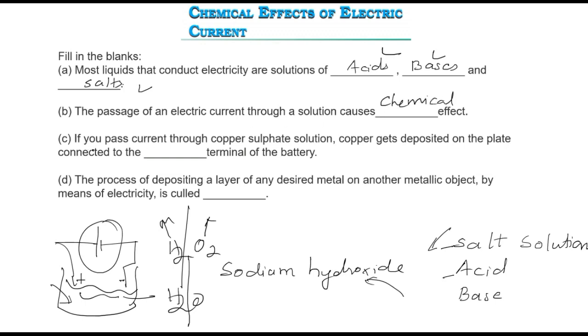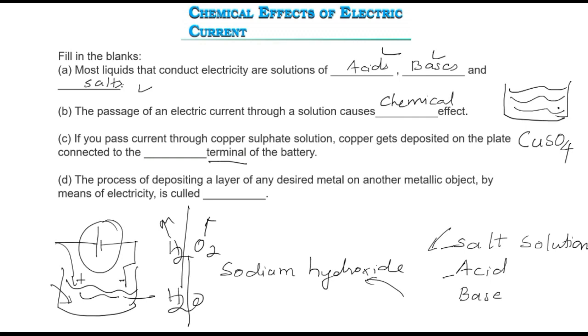Next, if you pass electric current through copper sulfate solution, copper gets deposited on the plate connected to the dash terminal, right? So let me do some rough work here. Let us imagine that we have taken a copper sulfate solution, CuSO4, copper sulfate solution.